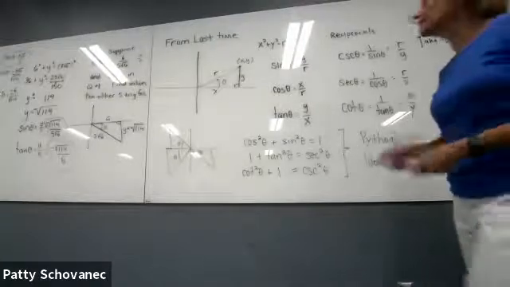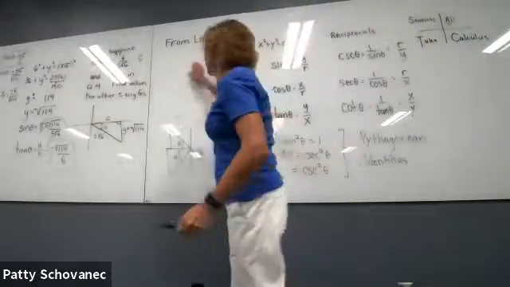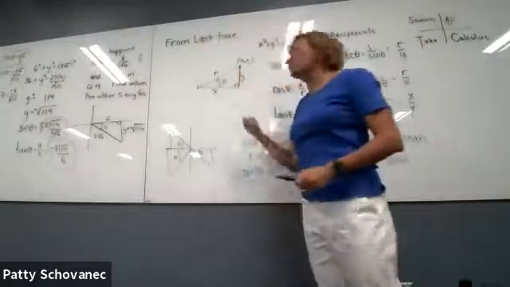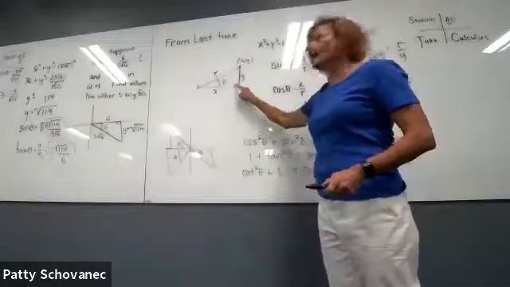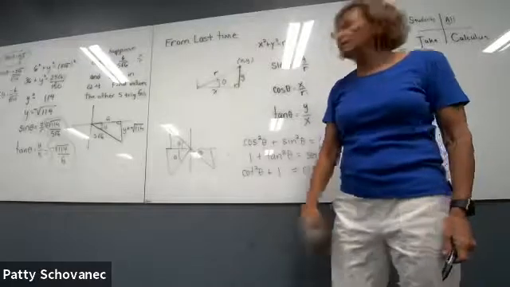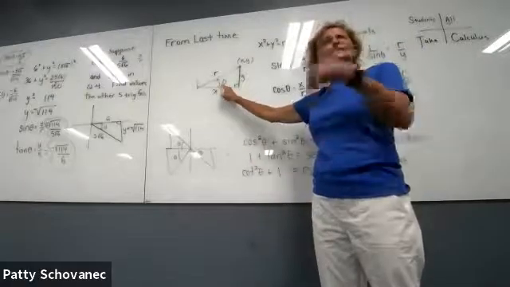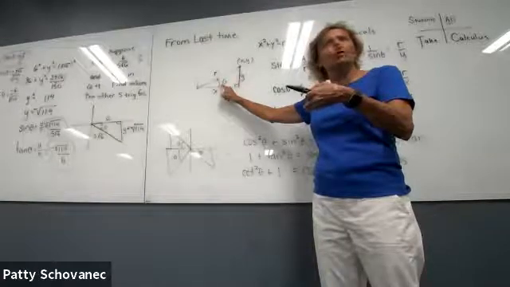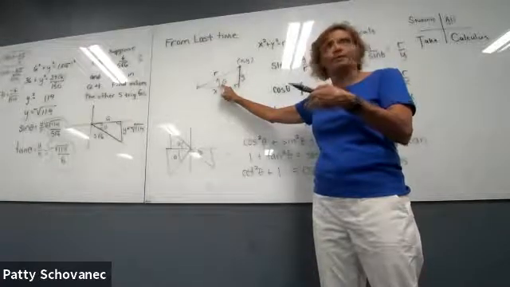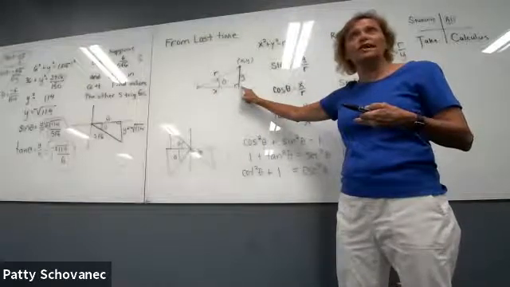For instance, if I just rub this off and don't put it on a grid and have some numbers here, the side opposite the right angle is always called the hypotenuse. If I label this as angle theta, then there's going to be a side of the triangle that forms that angle with the hypotenuse. That's going to be called the adjacent side. It's adjacent to the angle.